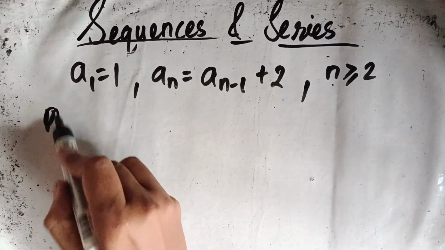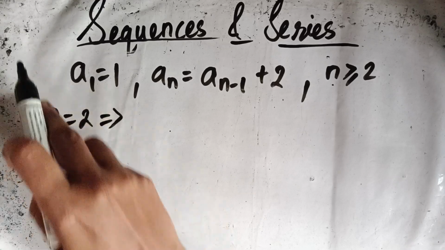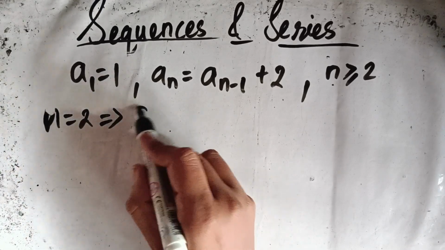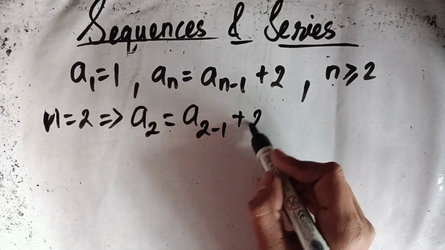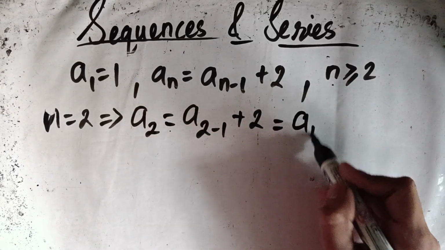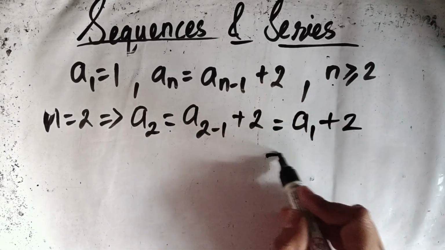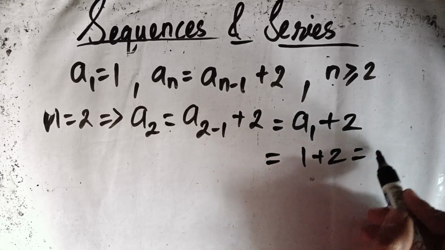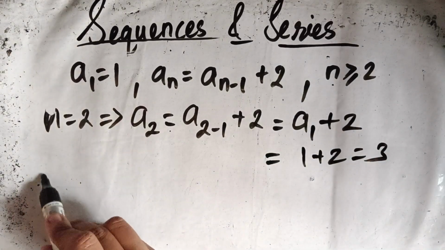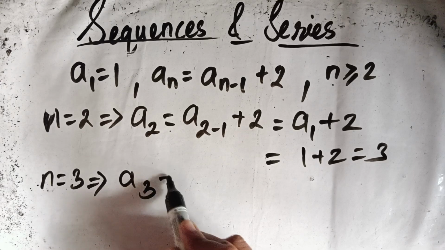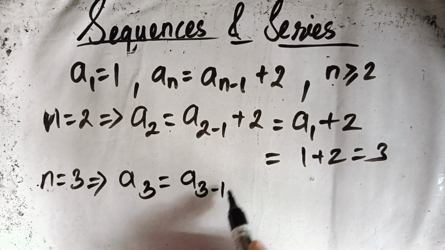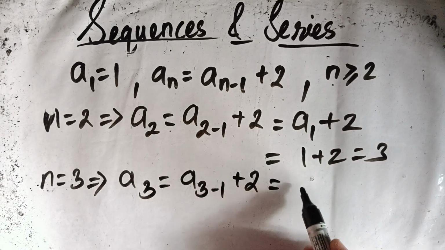For n greater than or equal to 2, you have to follow this formula. So n equal to 2, 2 minus 1, so this is 1, a1 plus 2. a1 is 1, 3. Okay. For n equal to 3, a3, 3 minus 1 plus 2.